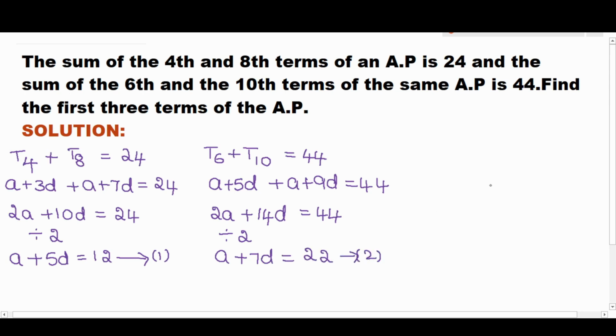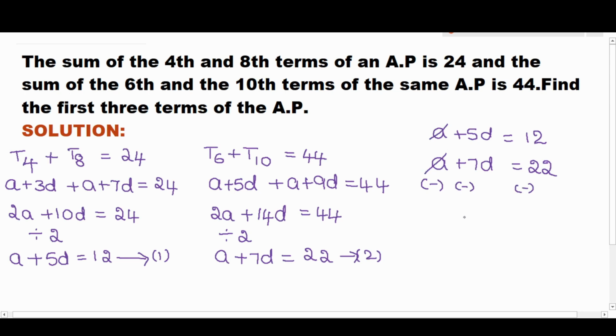Now let's solve both the equations. I have a plus 5d, which is equal to 12, and another equation is a plus 7d, which is equal to 22. Let's reverse the signs. So a and minus a get cancelled.